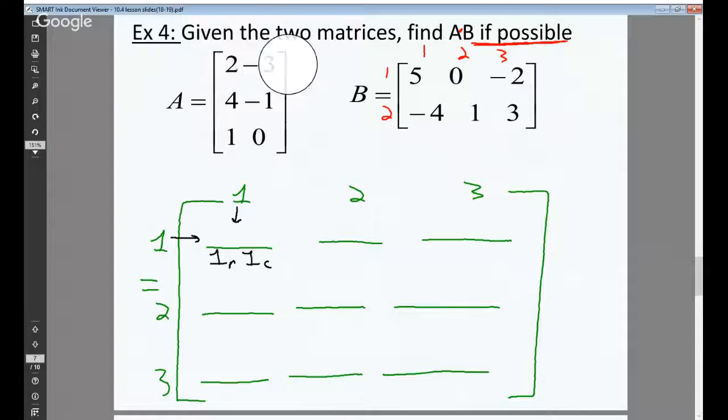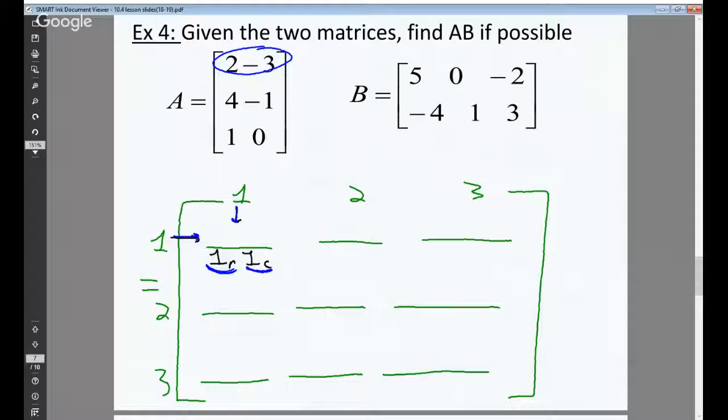Since this element is in the first row, first column, that is actually telling us exactly which row and which column to multiply. So again, look at this. First row, first column. When you see first row, that means, oh, I got to take matrix A and take its first row.